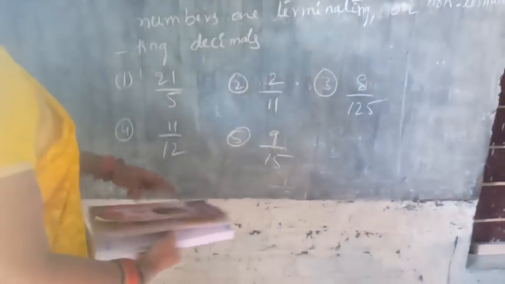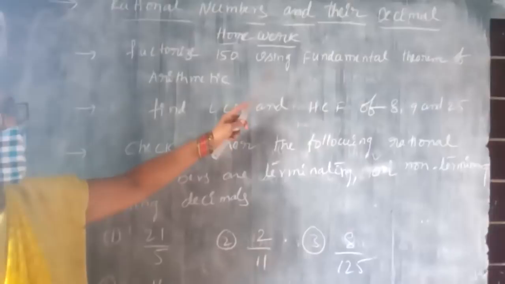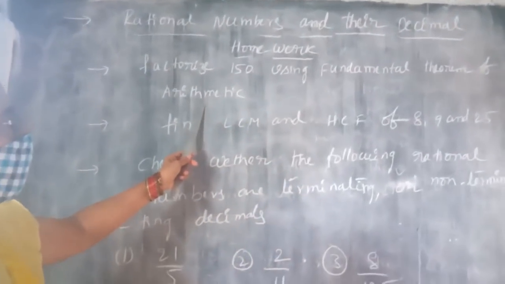Okay, children, factorize 150 using the fundamental theorem of arithmetic.